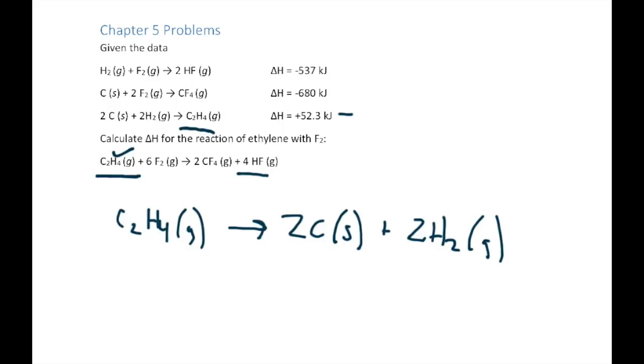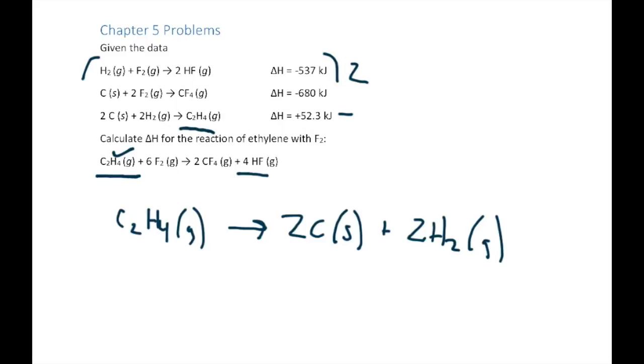However, we need a coefficient of 4 instead of 2. So if we multiply the whole thing by 2, that will give us 2 HFs times 2, so 4 HFs total in the overall reaction. This works just like algebra, just like basic math. If you multiply one thing by 2, you have to multiply both sides by 2.